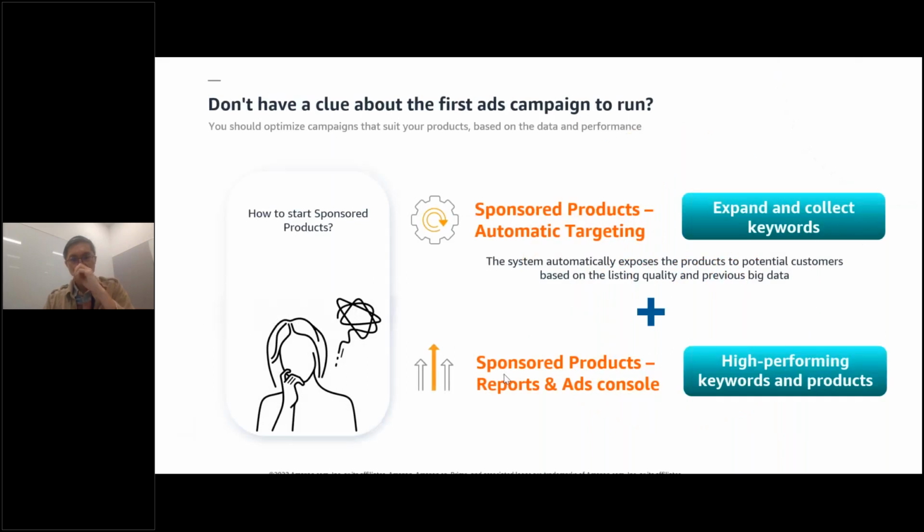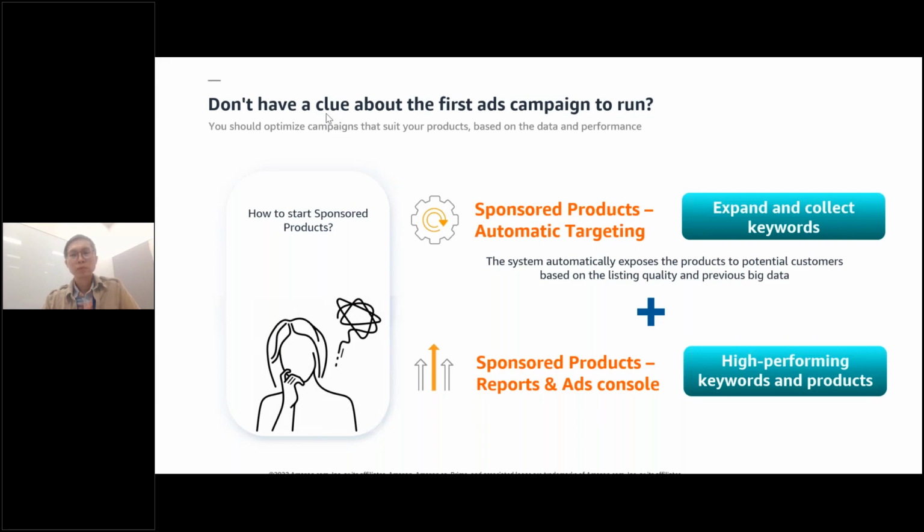For most sellers who don't really have a clue how to run their very first ad campaign, this is a general guideline. Where do you start? First, start with a sponsored product automatic campaign. Automatic targeting is where you just let Amazon run with the algorithm and target people who are most likely to buy your product, based on the listing quality as well as previous big data collected by Amazon.